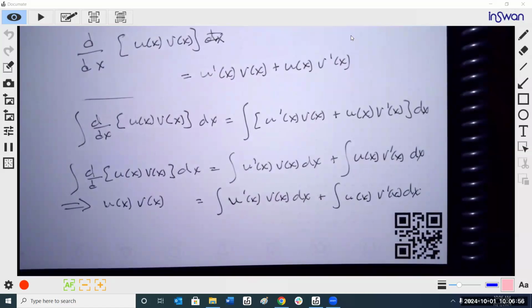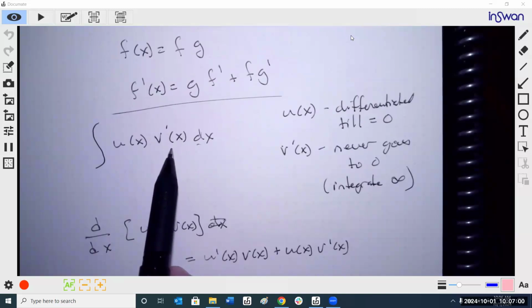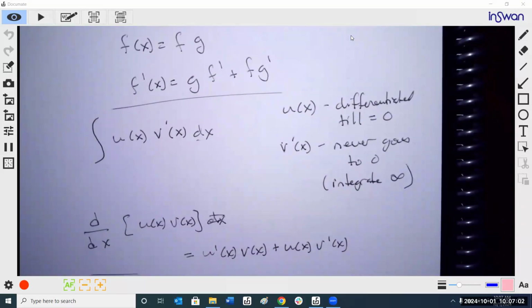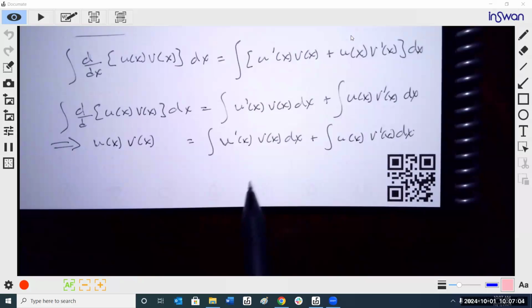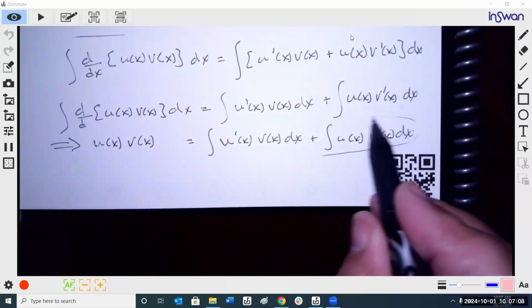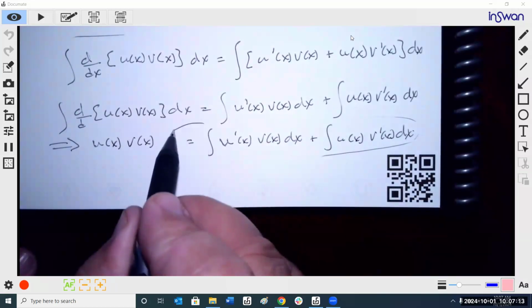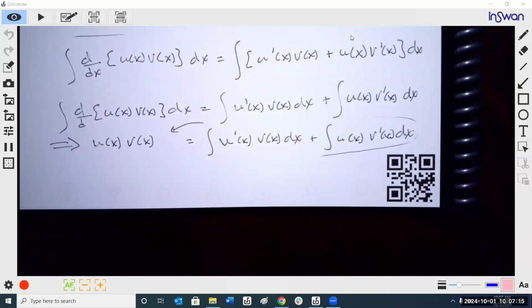Now, this is where we are right now. Remember what we're trying to integrate: u v prime. So we have to solve for this equation. This one goes over there. Again, the most difficult part about this is determining which one's going to be u and which one's going to be v.